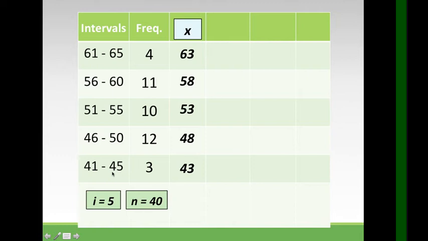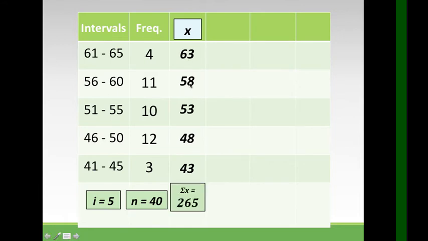Just add the two, 42 plus 43, then divide by 2, that is 42.5. That will be the class mark if the given interval has an even number of values. But in this one, it is an odd number, so it is easy for us to determine the class mark. Then add all the class marks, which is the summation of x.